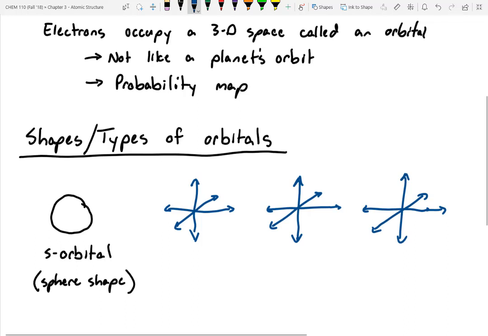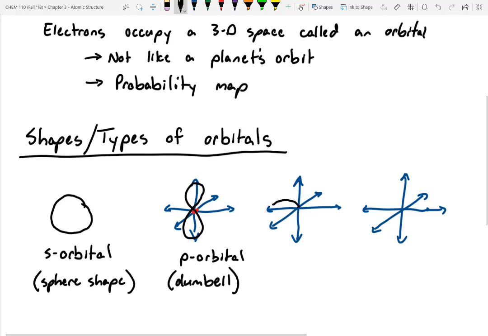Okay, the first one has this spot in the center called a node, and then a lobe going up like this and down like that. This is called a p orbital. And people describe this as a dumbbell. So you have one going straight up and down.